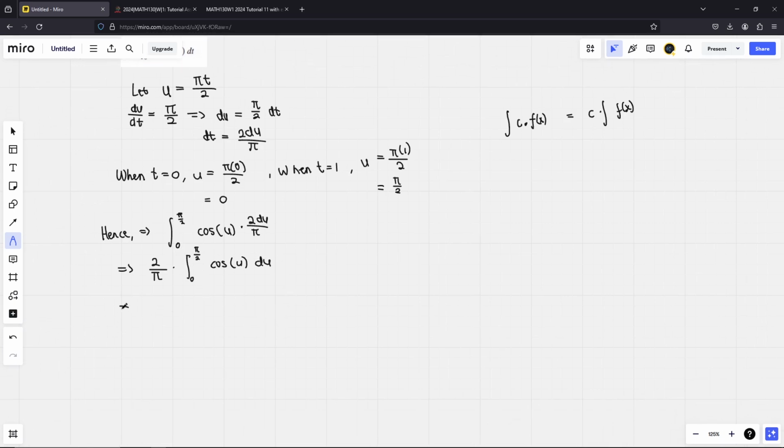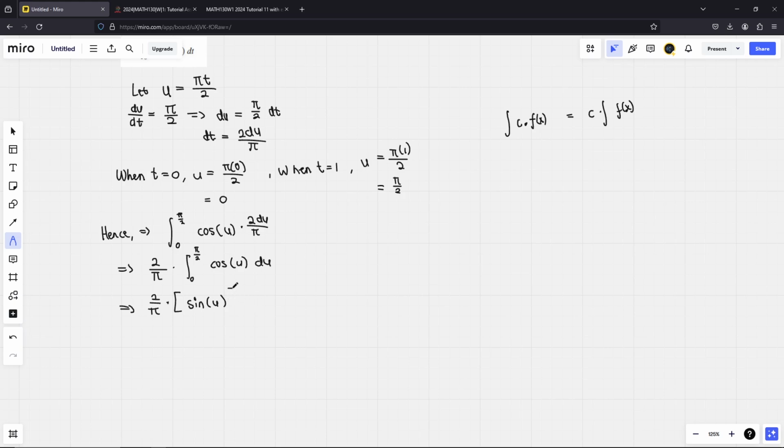So now we can take the integral of cos u with respect to u. We copy down the 2 over π multiplied by, now if we think about the antiderivative of cos, the derivative of sin u is going to give me cos u.